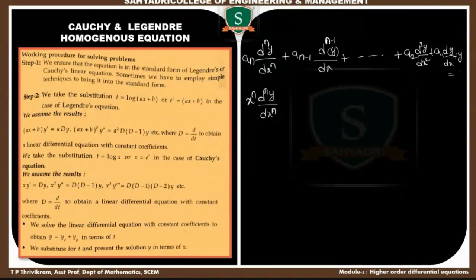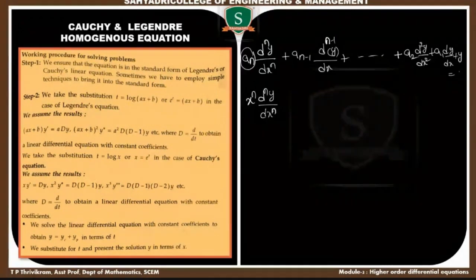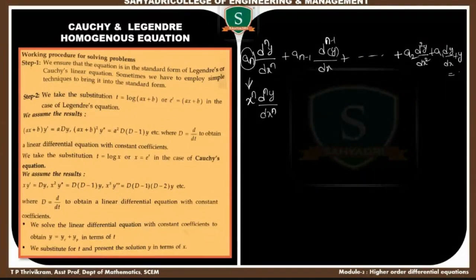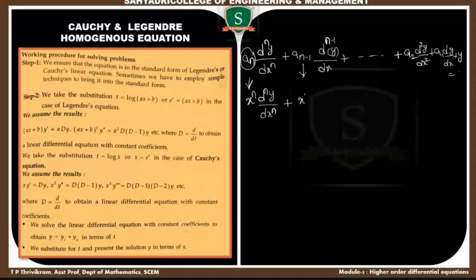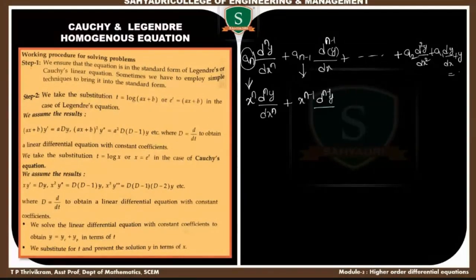That means a_n I am replacing with a variable coefficient, x^n. Similarly, a_{n-1} I am replacing with x^(n-1) d^(n-1) y by dx^(n-1), plus and so on.